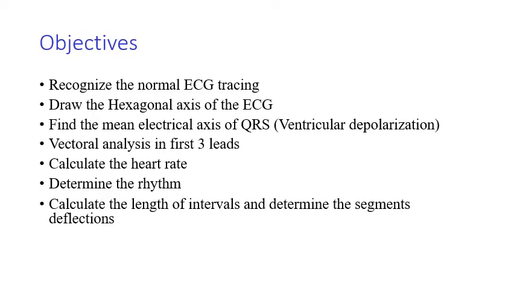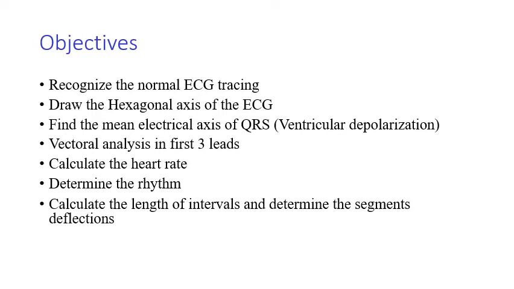So our main objectives of this lecture are to recognize the normal ECG tracing, also to draw the hexagonal axis of the ECG, and to find the mean electrical axis of the QRS complex. Also, we will look at the vectoral analysis in the first three leads, how to draw the vectors for each lead.